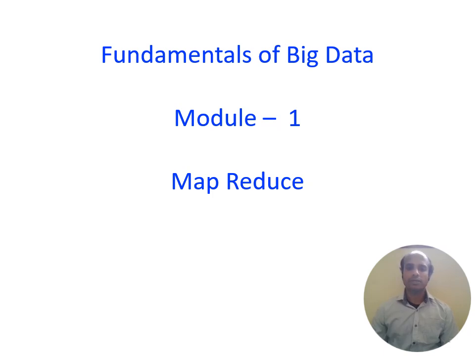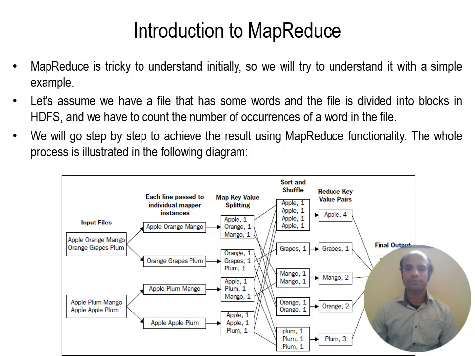So let's get into this topic and have some detailed understanding of what is MapReduce. When we say MapReduce, it's tricky to understand initially. So we'll try to understand it with a simple example given here in the pictorial presentation.